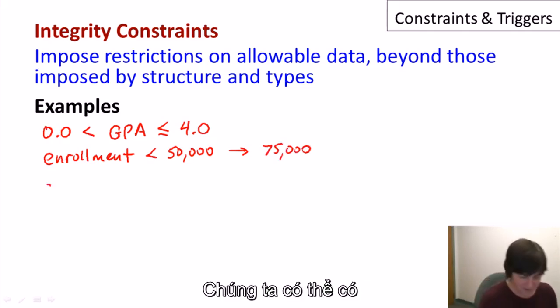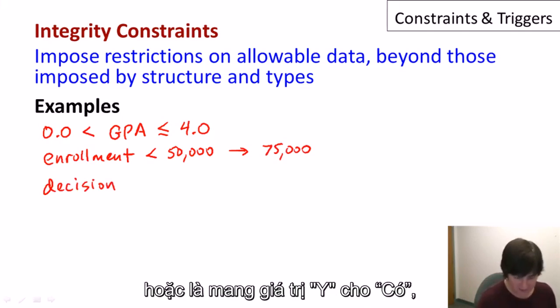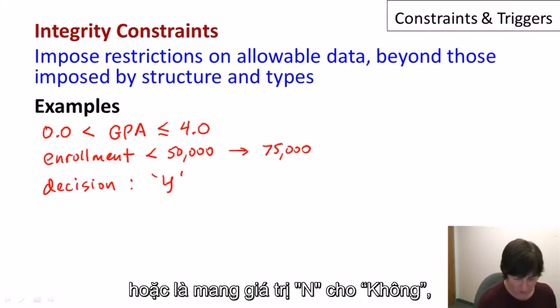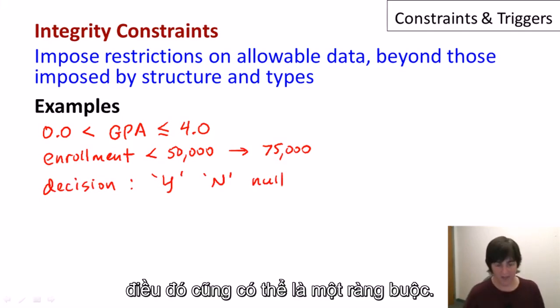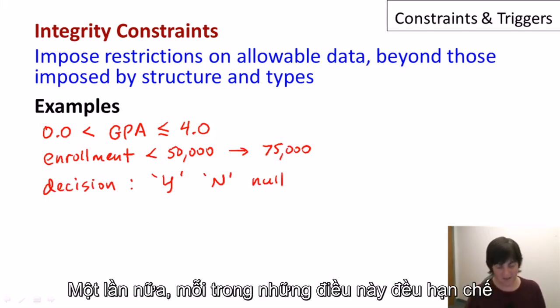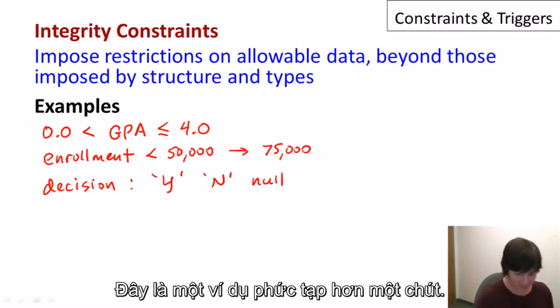We might have that the decision attribute in our application table is either the value yes or y for yes, or the value n for no, or maybe null is allowed. So that could be a constraint. Again, each of these are constraining the data that can be in the database beyond the type structure that's already been defined.